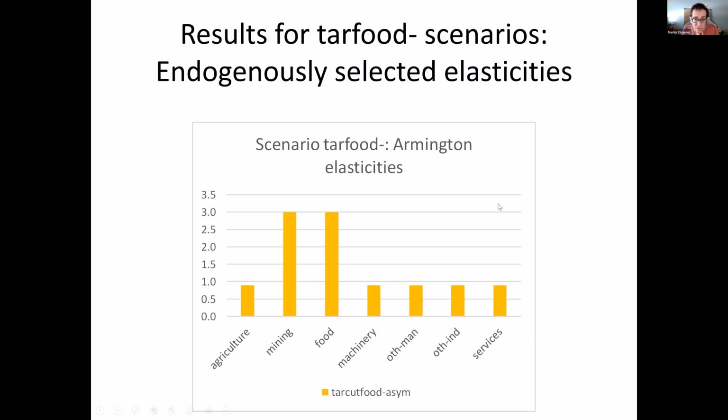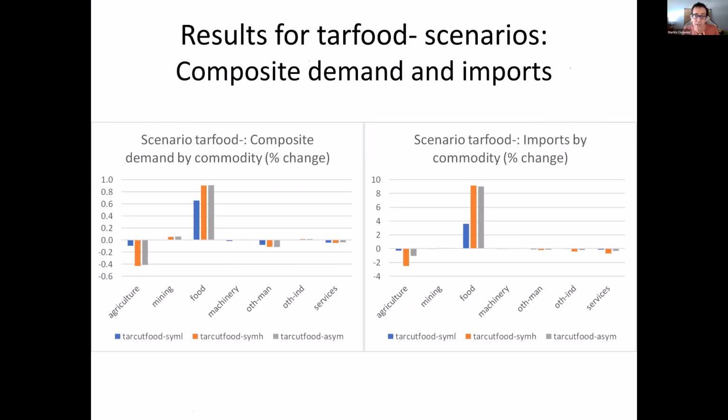Okay, so then if we look at some sectoral results, what we see is that there is an increase in the composite supply or demand for food. That's expected given the change in the tariff. And what we see is that imports of food go up. That's what we have on the right-hand side.